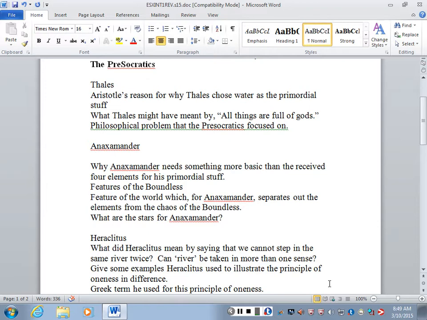And so here the vortex motion is the motion of the entire universe. Remember that for them the Earth is the center of the universe, and the most dense thing.